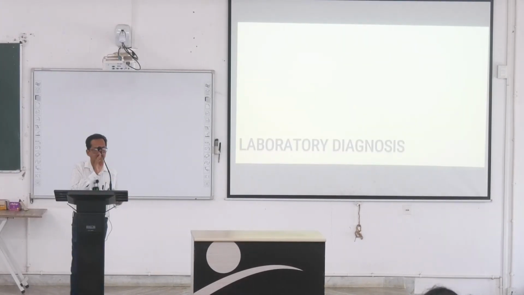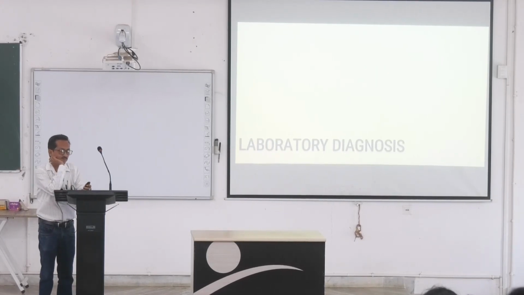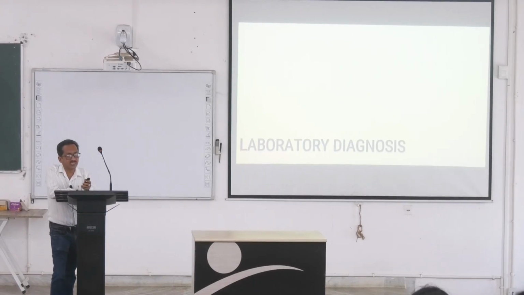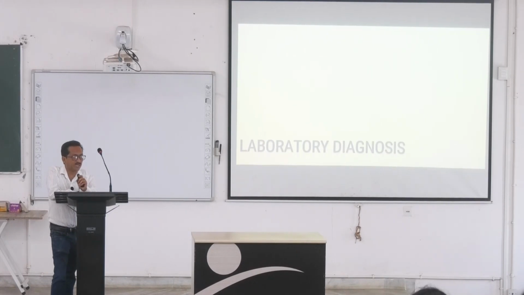Now, laboratory diagnosis. This is very important. You already had a Ziehl-Neelsen class in practical. So the most common test for diagnosing leprosy is Ziehl-Neelsen stain or acid-fast staining, because it is also an acid-fast bacillus.